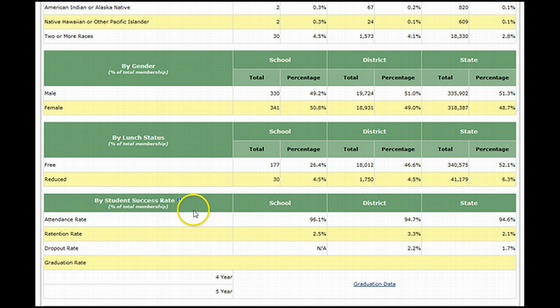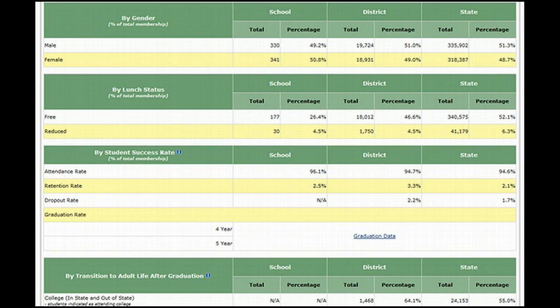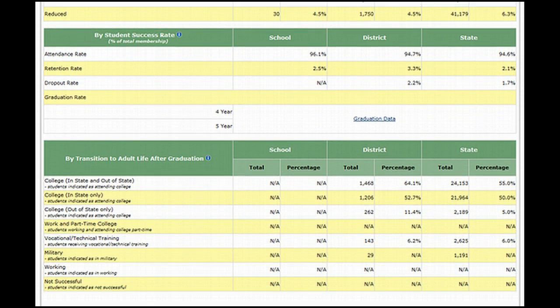And then some of what they call student success rate. We've got an attendance rate of 96%, a retention rate of 2.5. And then the other data that one would find on here are for secondary schools, where we're looking at transition to adult life. So we don't get much data from our elementary schools on that.